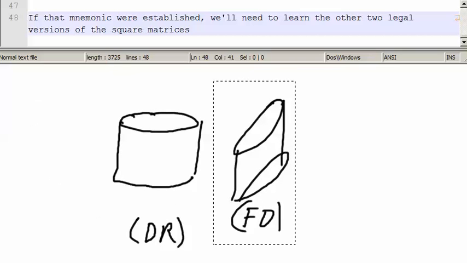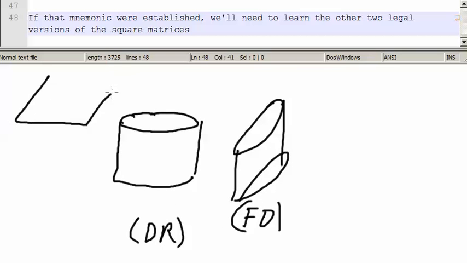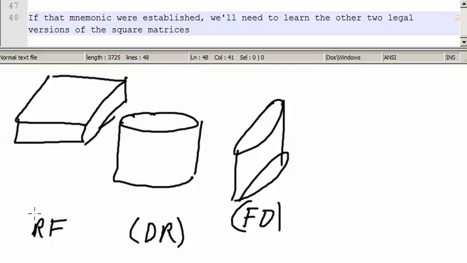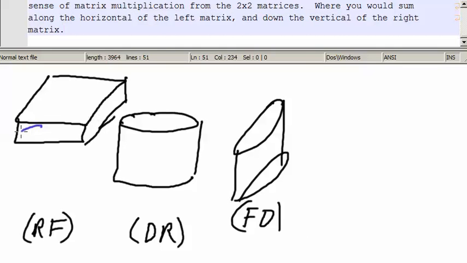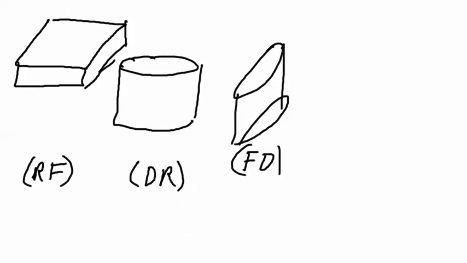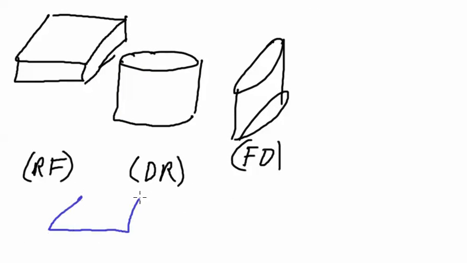And if we did the right forward matrix times the down right matrix, I think part of the reason that these are legal is that they preserve the sense of the matrix multiplication from the 2 by 2 matrices, where you would sum along the horizontal of the left matrix and down the vertical of the right matrix.